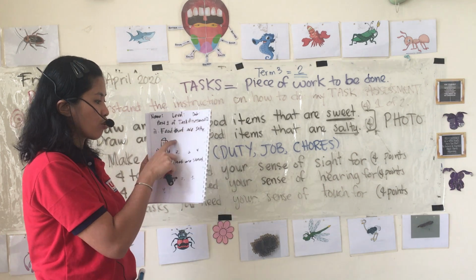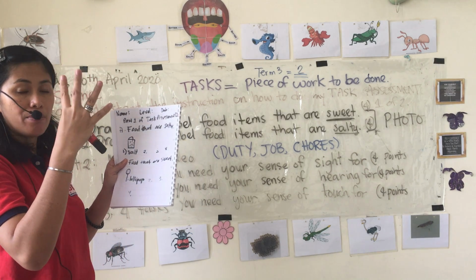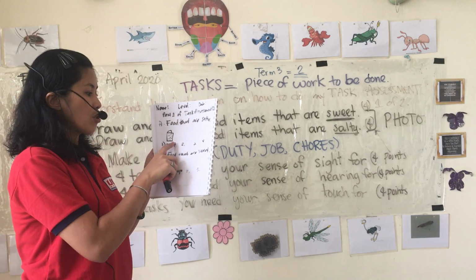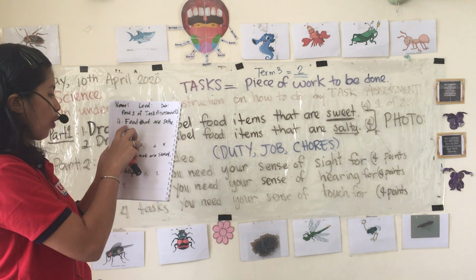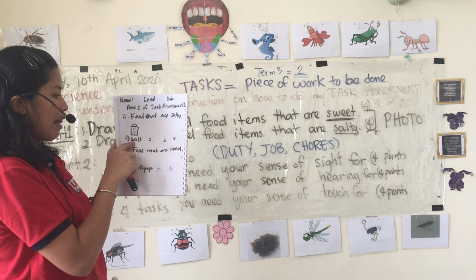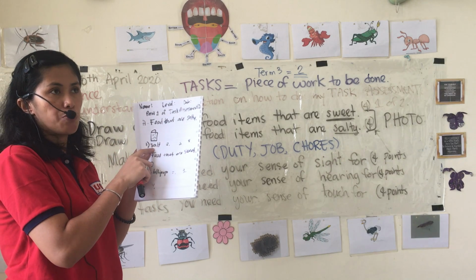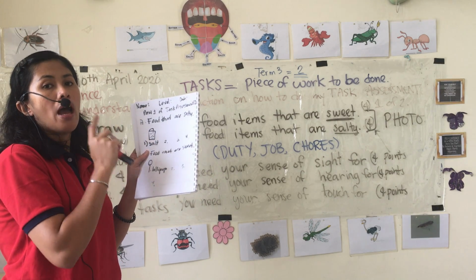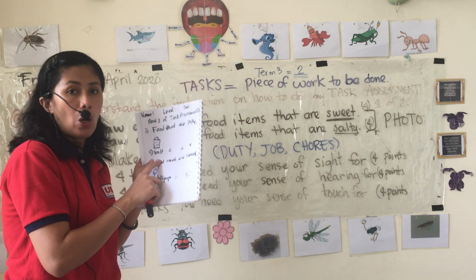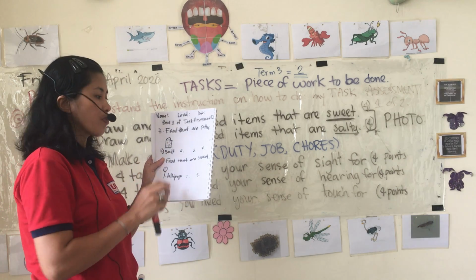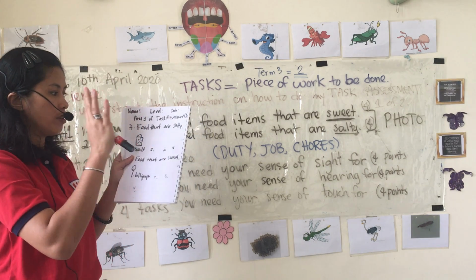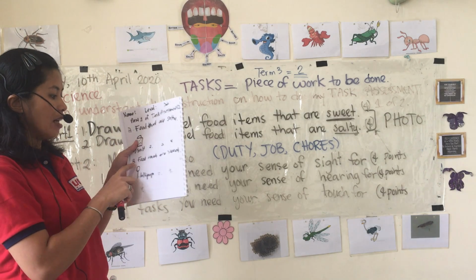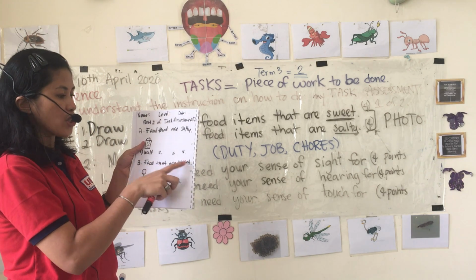So you're going to draw 4 items of food that are salty. For example, salt. So you're going to draw salt here and then put the name. Meaning label, meaning you write the name of that object or of that item. So again, 4 food that are salty, and then letter B, food that are sweet.